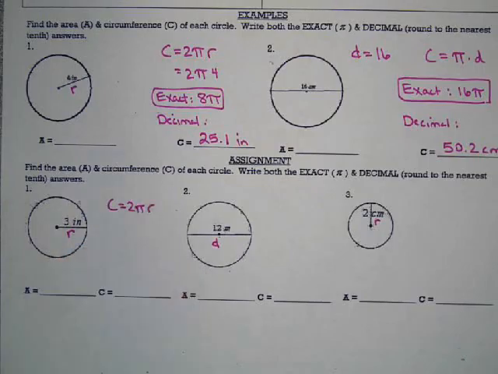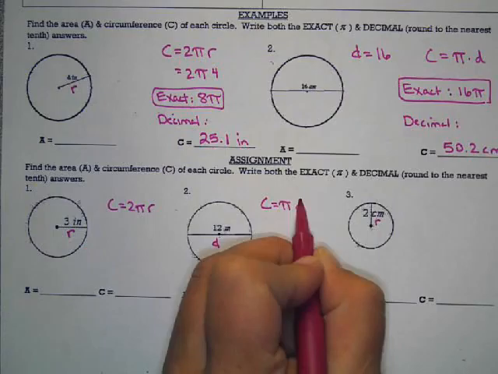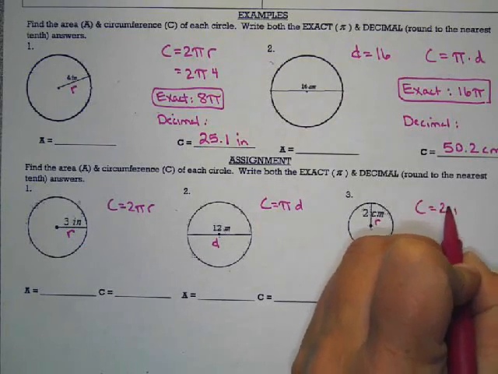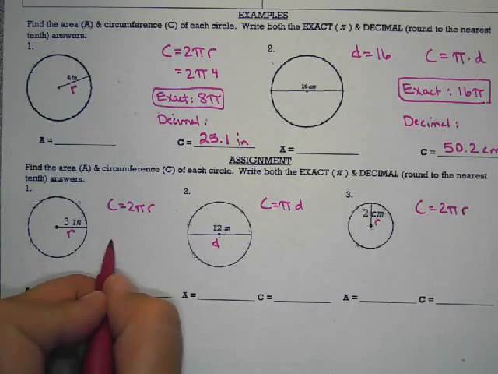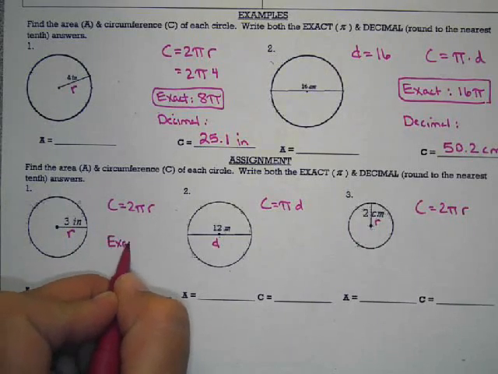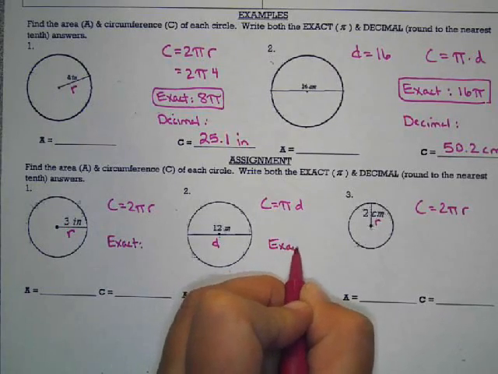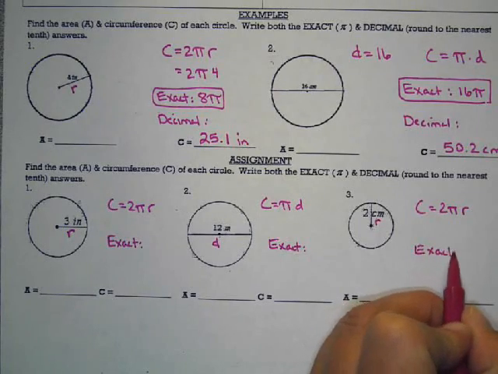If you have diameter, it's easy, pi times d. So what I want you to do is, if people are watching the video, they're going to pause the video, and they're going to get the exact answer, and then you are going to give me the decimal answer, and then we will reveal the answers in a minute.